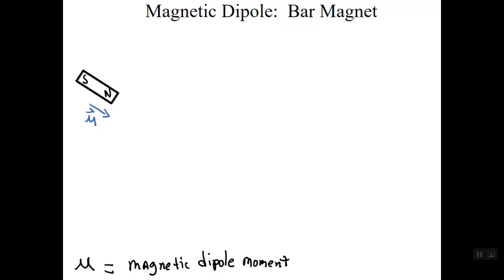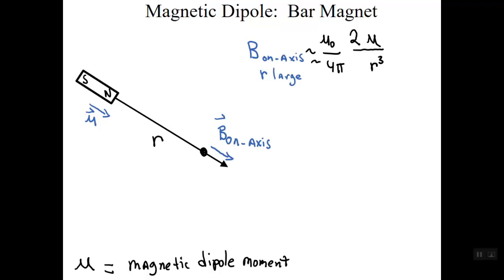The magnetic dipole moment of a bar magnet is related to the bar magnet's field in the same way as we saw for a current loop. For example, the bar magnet's on-axis field points in the same direction as the vector mu, and for observation locations on-axis far from the magnet, the magnitude of the field is described by the same expression in terms of mu as we found for the current loop.